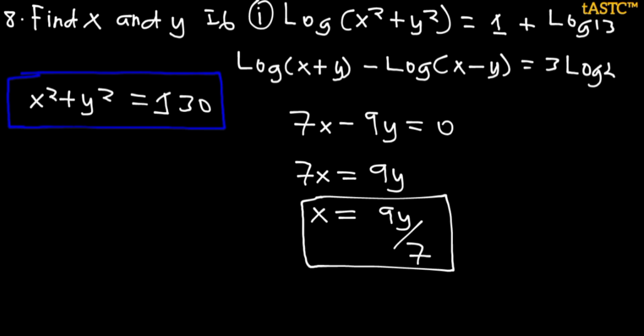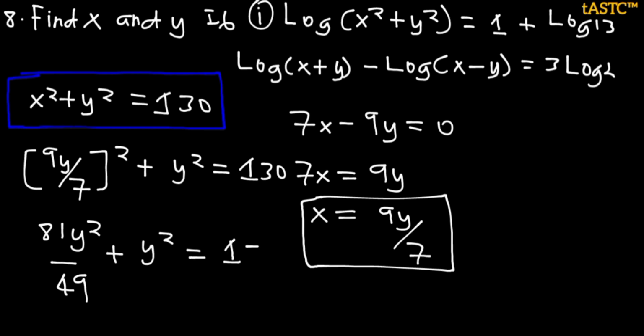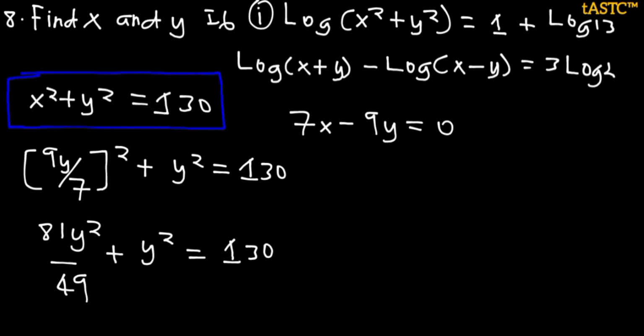Now, if I did that, we know that is going to be (9y over 7) to the power of 2 plus y squared, and this will be equal to 130. So this is obviously going to give us 81y squared divided by 49, plus y squared, equal to 130.